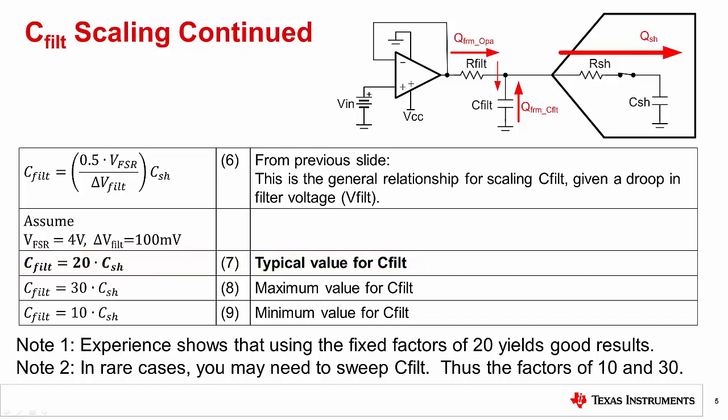This relationship has been used in many design examples and has proven to be accurate for most cases. In some unusual cases, a different C-FILT is required for better settling. For that reason, the algorithm provides alternative minimum and maximum values for the external filter capacitor as given in equations 8 and 9.